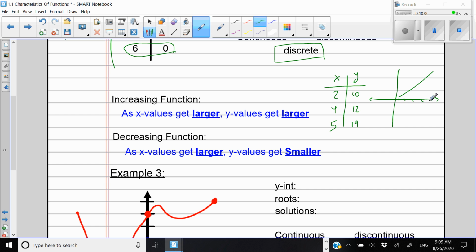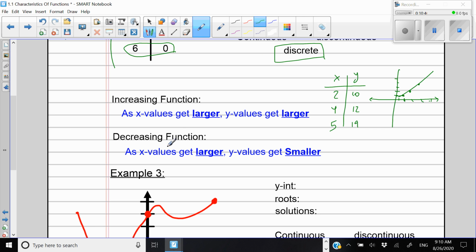As the x values are increasing, I see that the y values are increasing as well, like for example, this one is (1, 1), then (2, 1), then (3, 2), then (4, 4). So the x values are increasing and also the y values are increasing. As I look at the graph, I see that the path is going up. So this tells me that this function is increasing because, as I'm moving from left to right, the graph is going up.